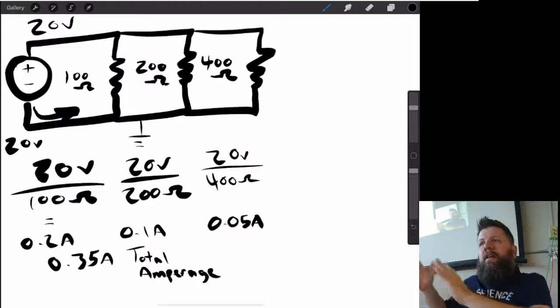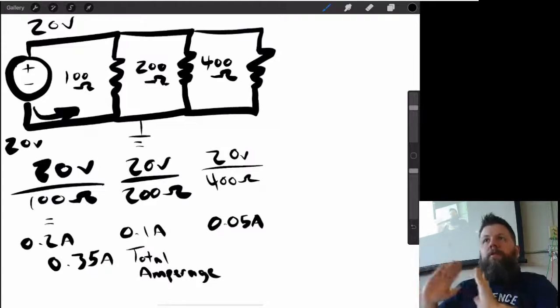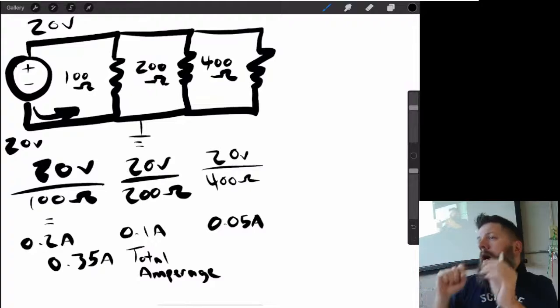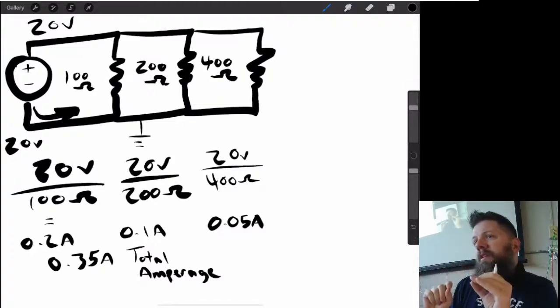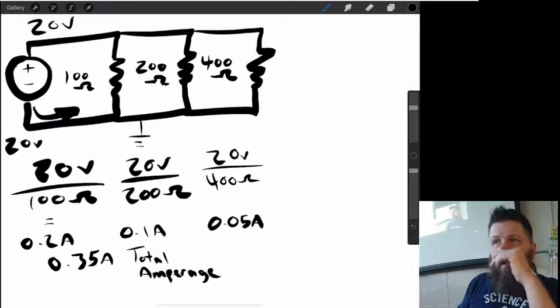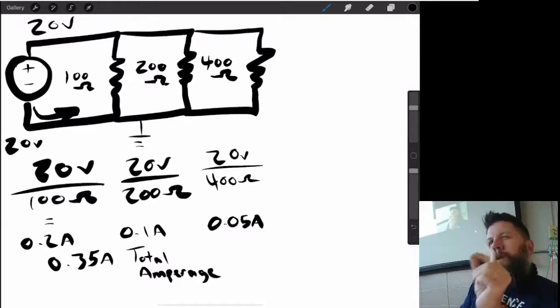That means that it's easier to get through those three than just the 100 ohm by itself, right? So we know that our total resistance that network is seeing when we've got three resistors in parallel is going to be below that 100 ohms, right? And it makes sense.